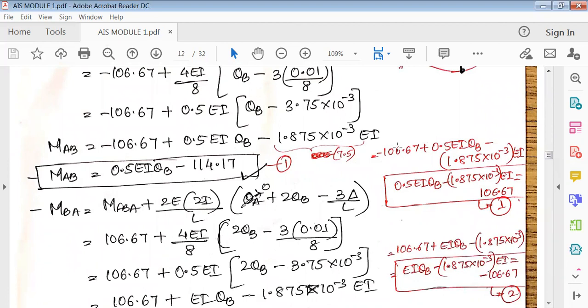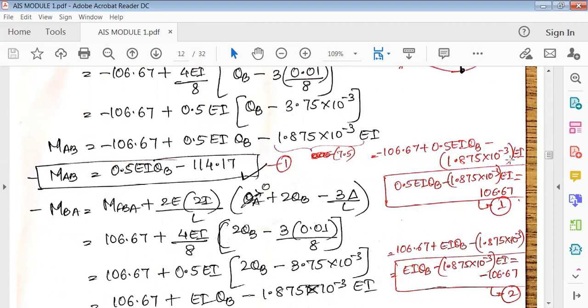Let's see here. It is minus 106.67, 0.5 EI theta B. This multiplied value, keep it here, 1.875 into 10 to the power 3 EI. Keep it in order now. The first value should be theta.